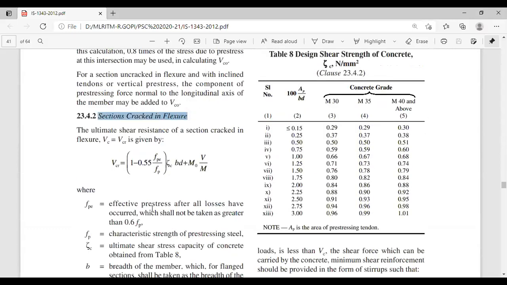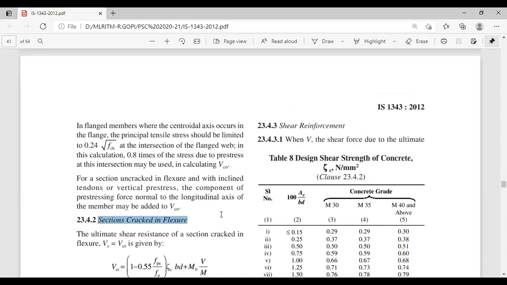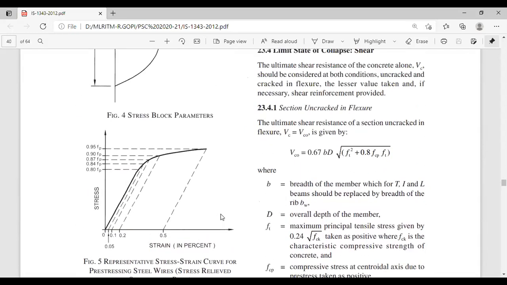There are two formulas. Which one is the lesser value? In which condition is the shear value very much less? That means the shear taken by the concrete is very much less. That only we have to take as VC.